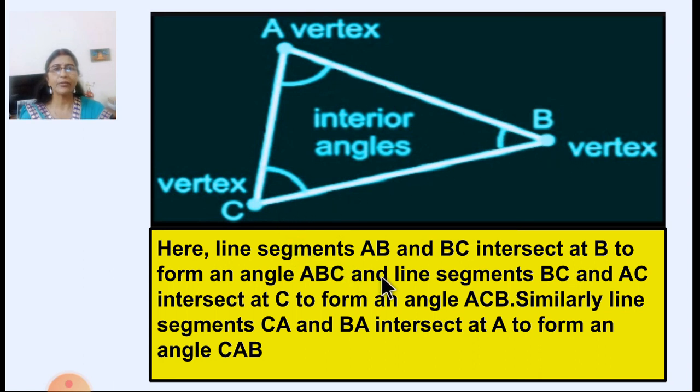In the same way you can see segments BC and AC are also intersecting at point C and they are forming this angle ACB. Now in the same way these two line segments are again intersecting at point A. CA and BA are intersecting at point A and they are forming an angle CAB. So this way there are three interior angles inside a triangle.